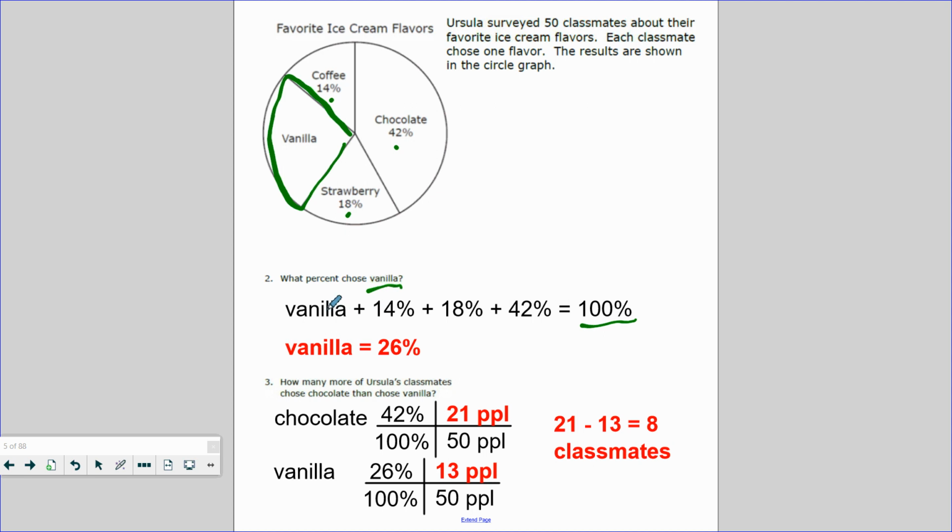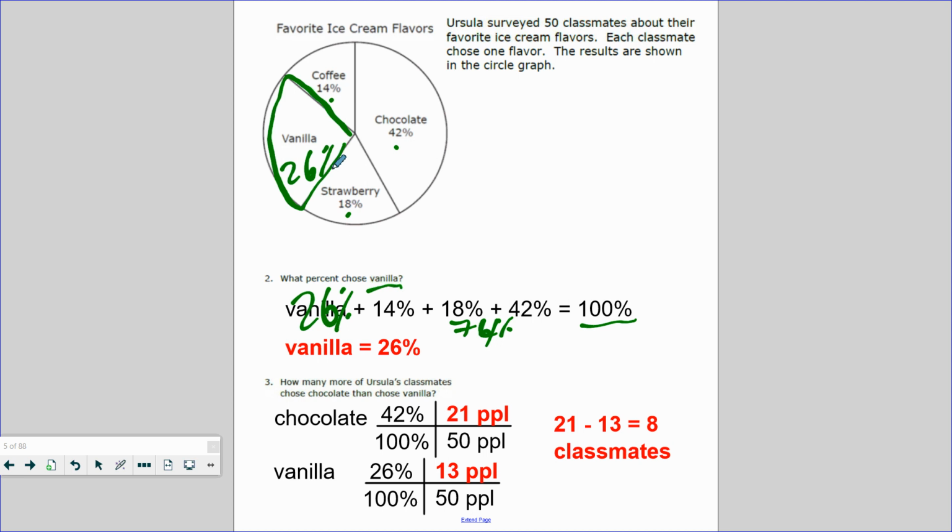What do I add to that so that vanilla plus all those three numbers equals 100%? Actually, these three add up to 74%. So 74 plus 26 equals 100%. So vanilla would be 26%. Let's label this. This is 26%.